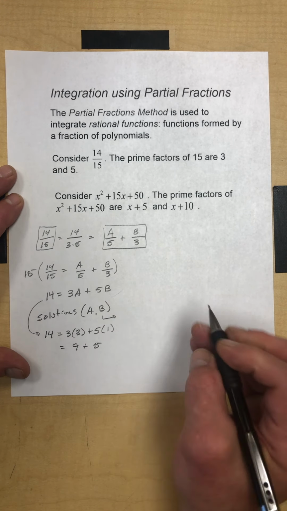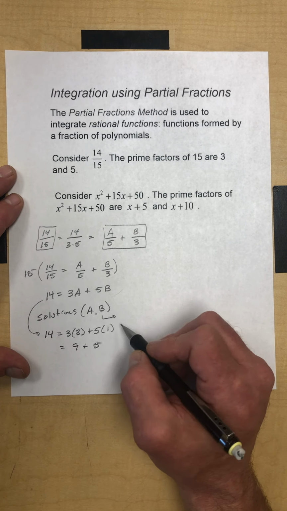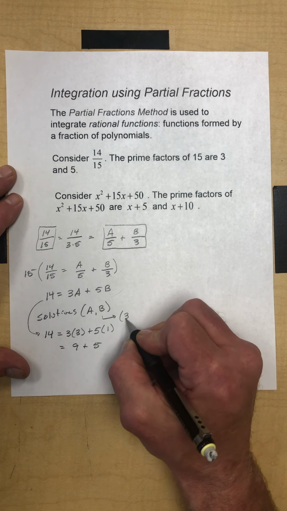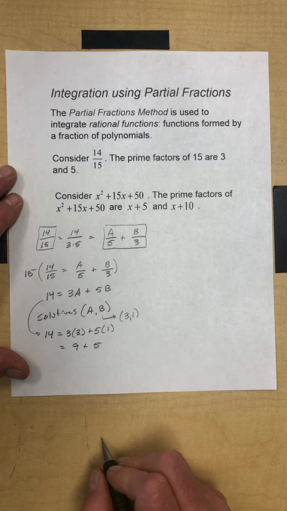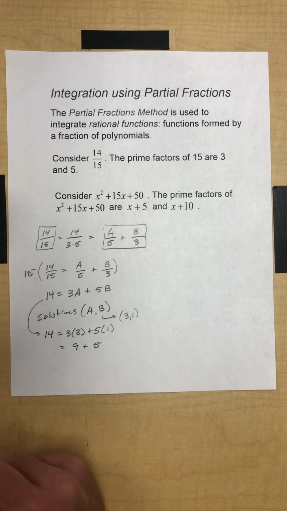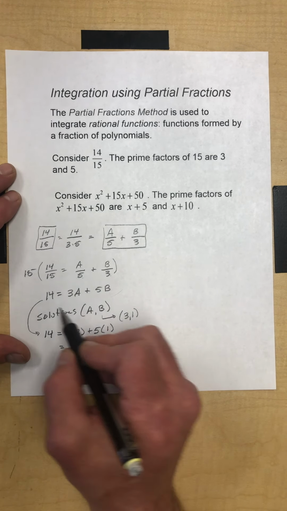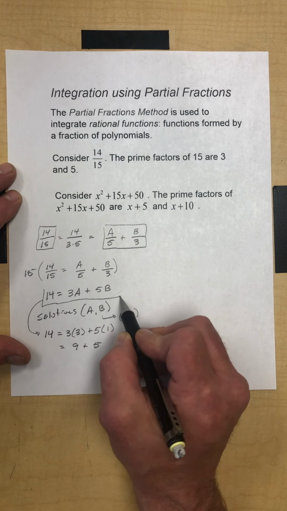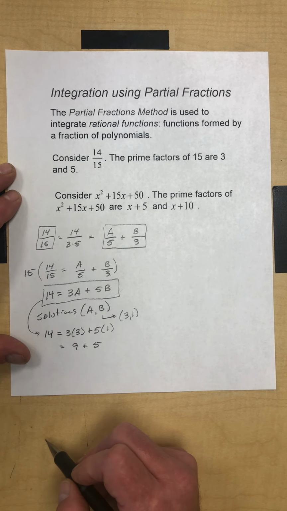So if a and b have to be integers, you would end up with the solution 3, 1. But there's no reason that a and b have to be integers. A and b could be any numbers whatsoever as long as they satisfy this equation.